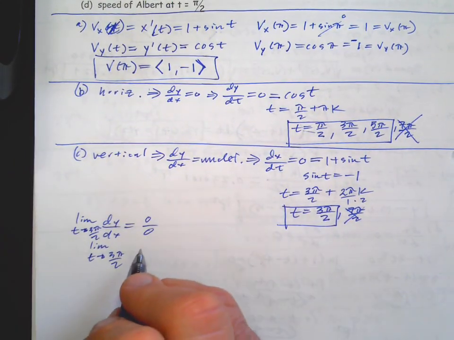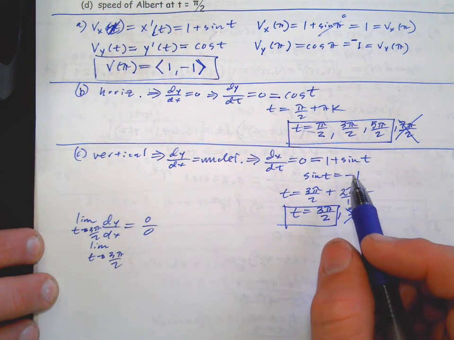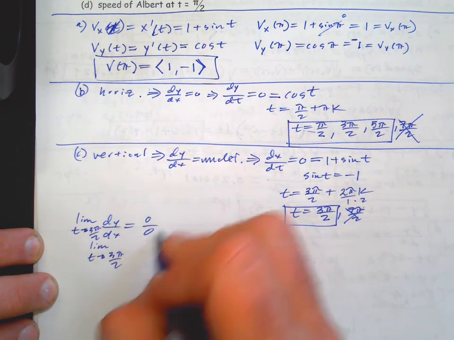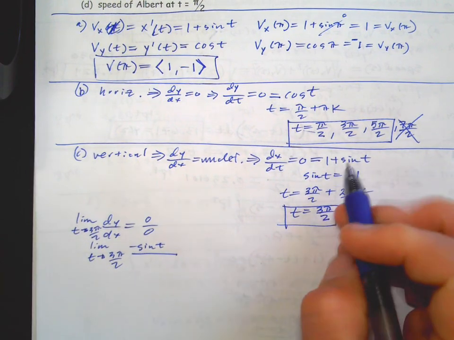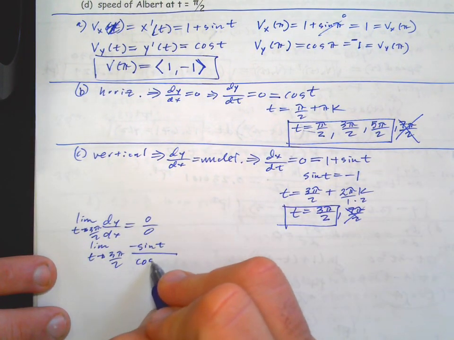So we do the derivative at the top, dy/dt, so that'd be negative sine, and the derivative at the bottom, dx/dt, would give you cosine.